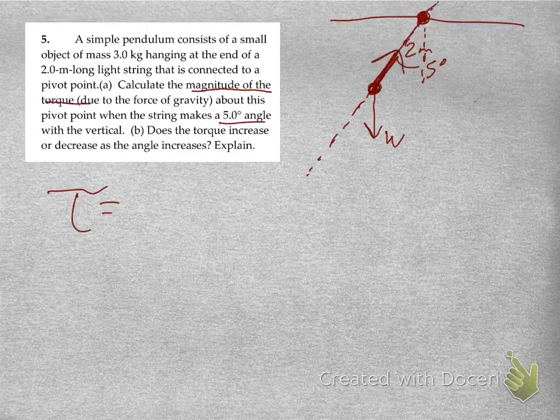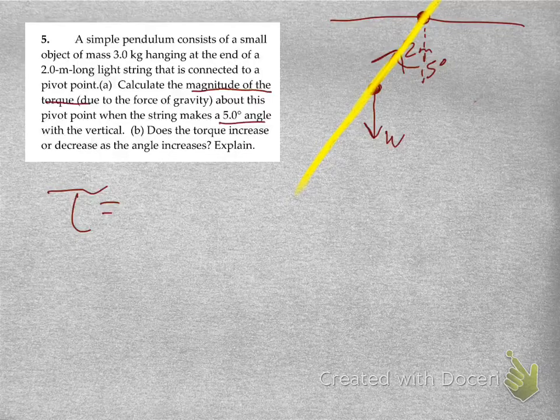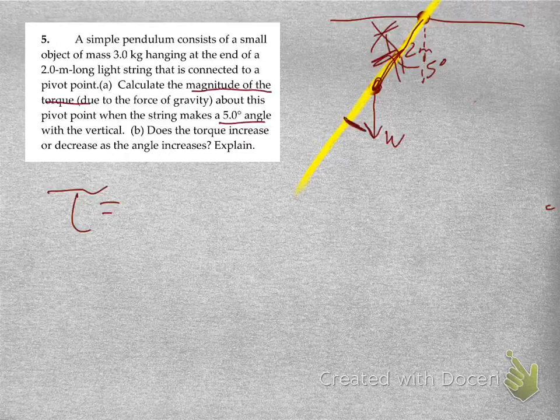So if this is the line that our object is rotating through, then this tension force we can totally ignore because it has no component that's perpendicular to the way it's rotating. But our weight does have a component that is perpendicular to it.